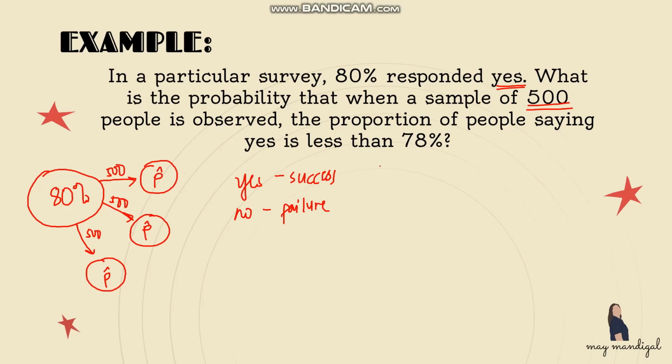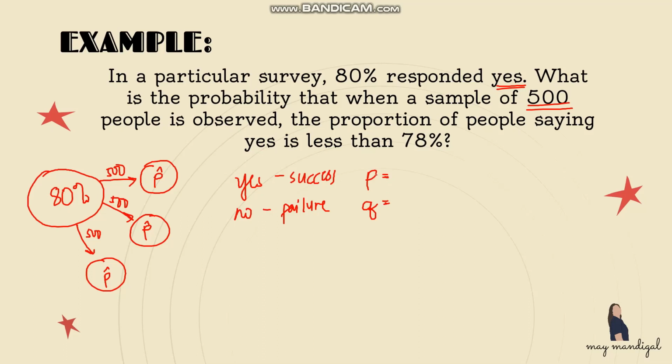So with that, we know that p is for the success and q is for the failure. Success is for those who responded yes, and q is for the failure, those who responded no from the survey. So p and q come from our population.